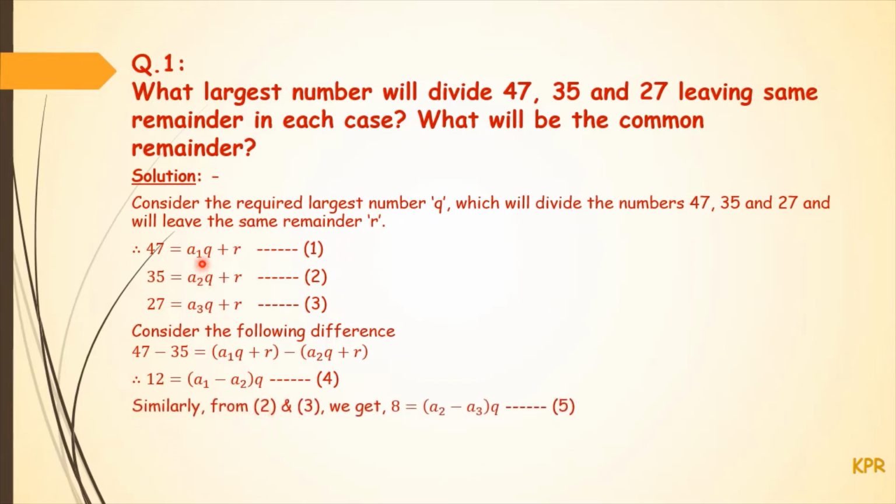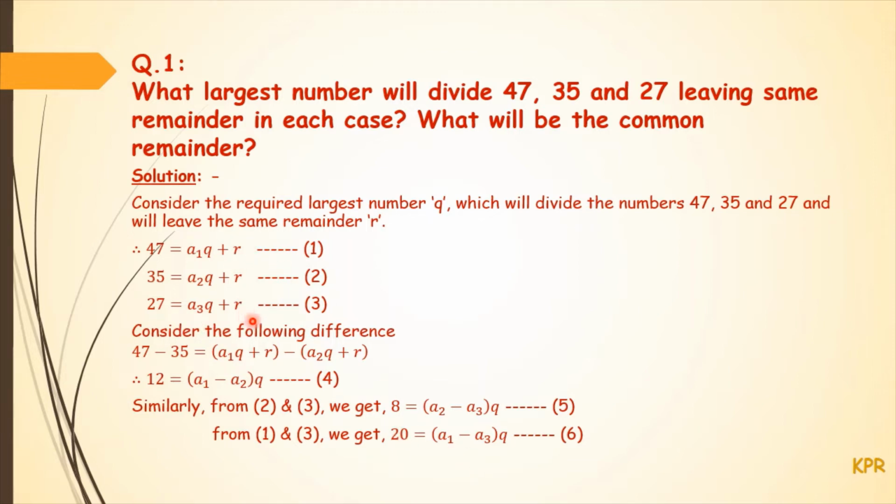Similarly, from 2 and 3, 35 minus 27, that is 8. R and R are cancelled, and on the right hand side I will have A2 minus A3 multiplied by Q. From 1 and 3, 47 minus 27, that is 20.